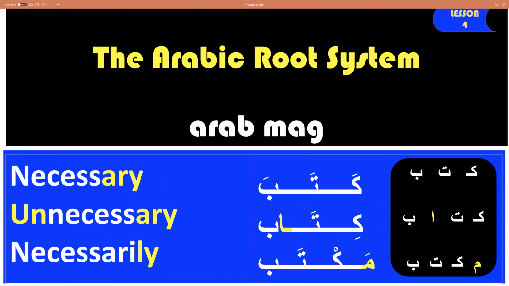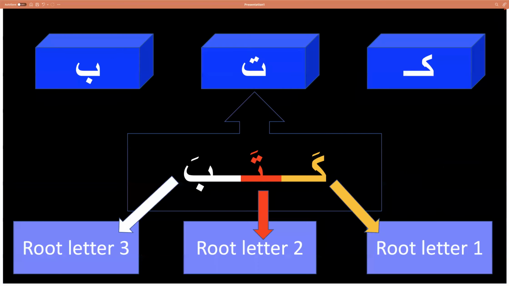For example, knowing the meaning of this ma helps us with other words. For example, ma here stands for the place where, for example, maktab, place where you write, place where something happens, ma. We're going to see more examples.